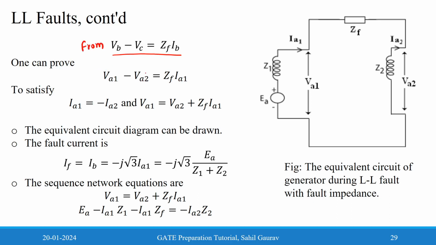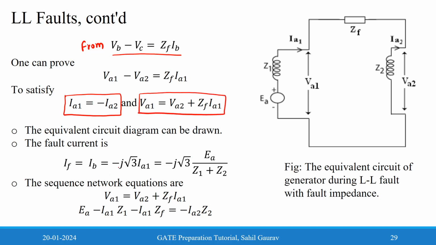Like the previous case, if ZF is equal to 0, then VA1 is equal to VA2, meaning the positive sequence voltage is equal to the negative sequence voltage. Now to satisfy both these equations, IA1 is equal to minus IA2 and VA1 is equal to VA2 plus ZF IA1, and the equivalent circuit diagram can be drawn.